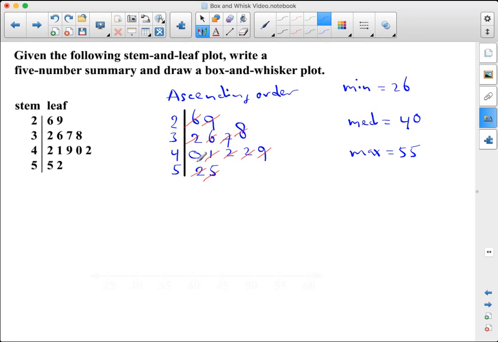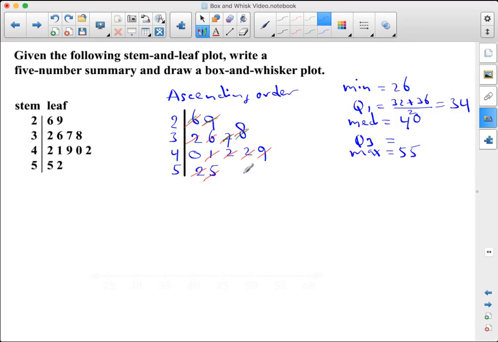I also know that the lower half goes from 26 up to 38. So if I do my trick there, 26 against 38, 29 against 37. These two are in the middle, 32 and 36. So for Q1, it is 32 plus 36 over 2, the average of 32 and 36, which is 34. For the third quartile, I need to do the same thing with the upper half of the data, starting with 41 up to 55.